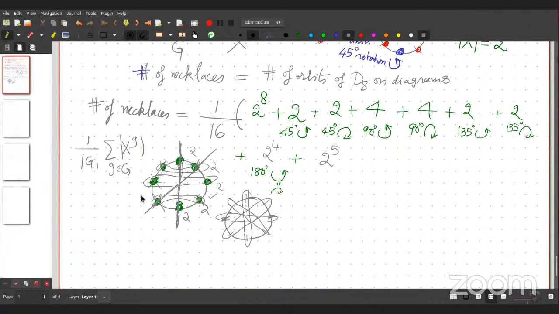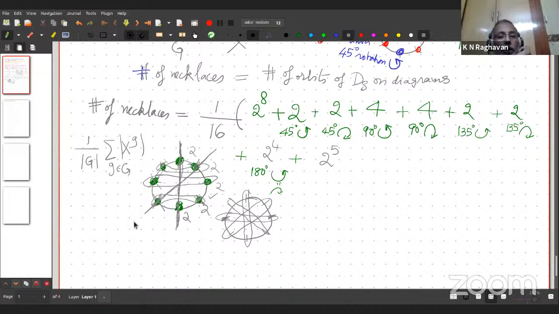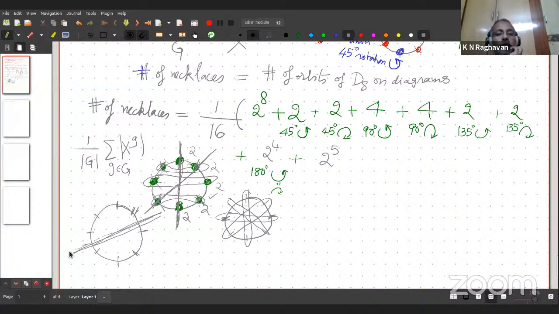Agreed. Very good. But let's not rush. Let me draw another picture here. And there are reflections like this, right? In a line like this. What about for these?